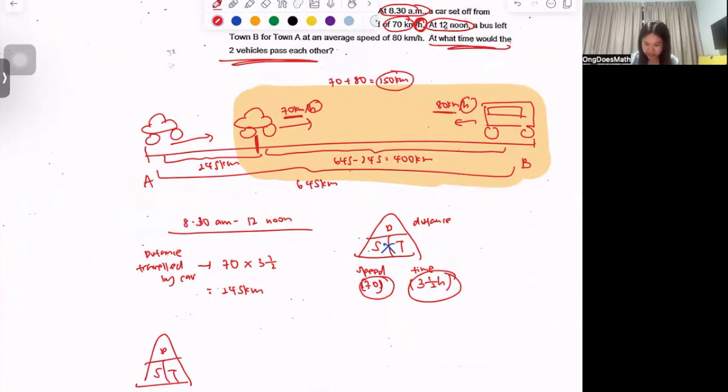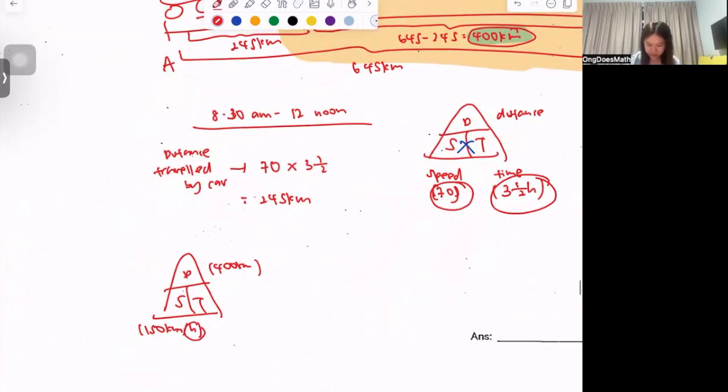We are given that the distance between each other is 400 kilometers. It's the one in blue here. Then we are also given that the combined speed is 150 kilometers per hour. So the time, because this is per hour, will also be in hours. So how do you find the time? It's just distance divided by speed.